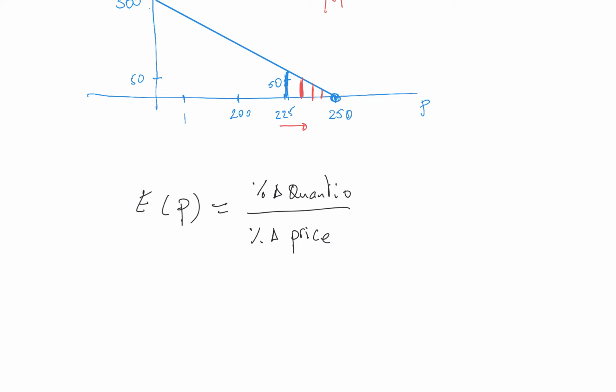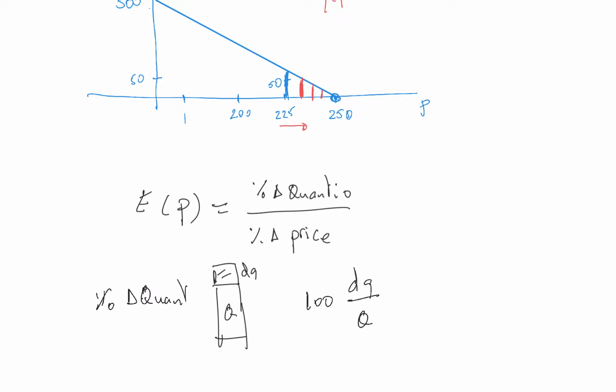Now the percentage of change in the quantity: remember, this is Q, and this is dQ, a small change in the quantity. So the percentage of change in the quantity is dQ divided by Q multiplied by 100.